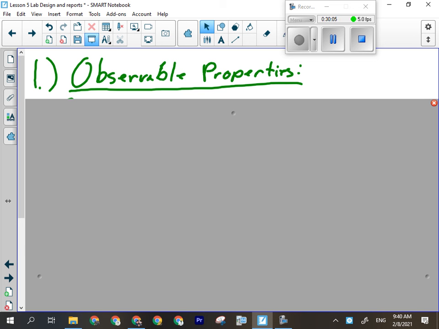By observable properties, I mean basically all those things that you can observe about the material without doing anything to it.